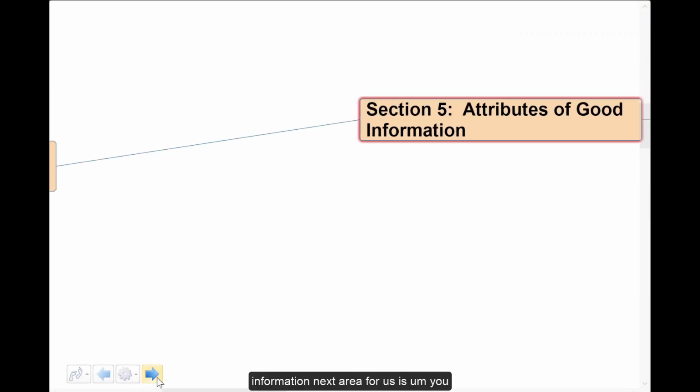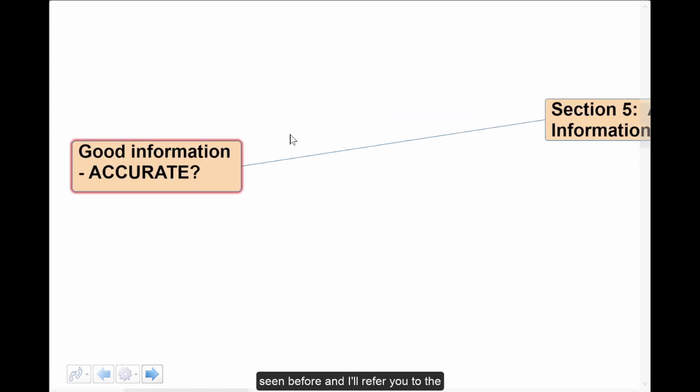Next area for us is attributes of good information. Now, this will be something that you have seen before, and I'll refer you to the mnemonic within the ACCA Study Hub chapter, and indeed the various qualities. It's a fairly straightforward area. It doesn't tend to get examined that regularly, but let's think about it.